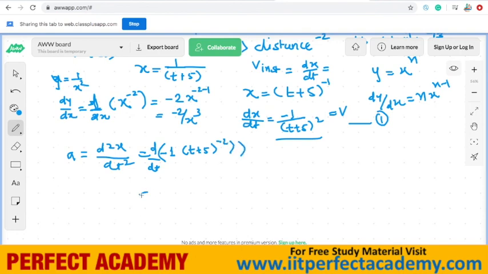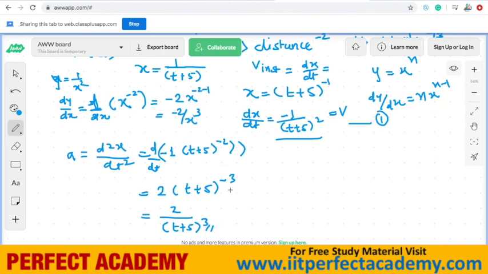Now this minus minus will become plus. It will become 2 into (t plus 5) to the power minus 3, or I can say it is 2 divided by (t plus 5) cube.